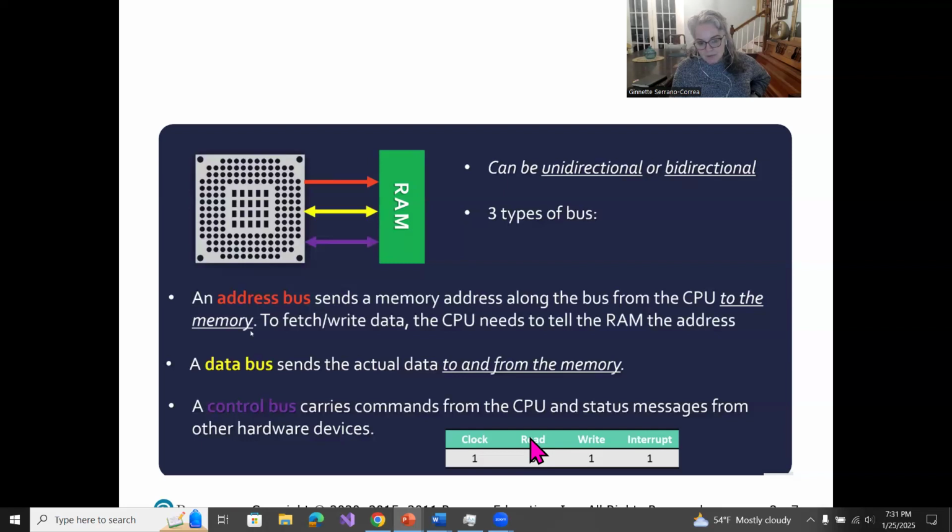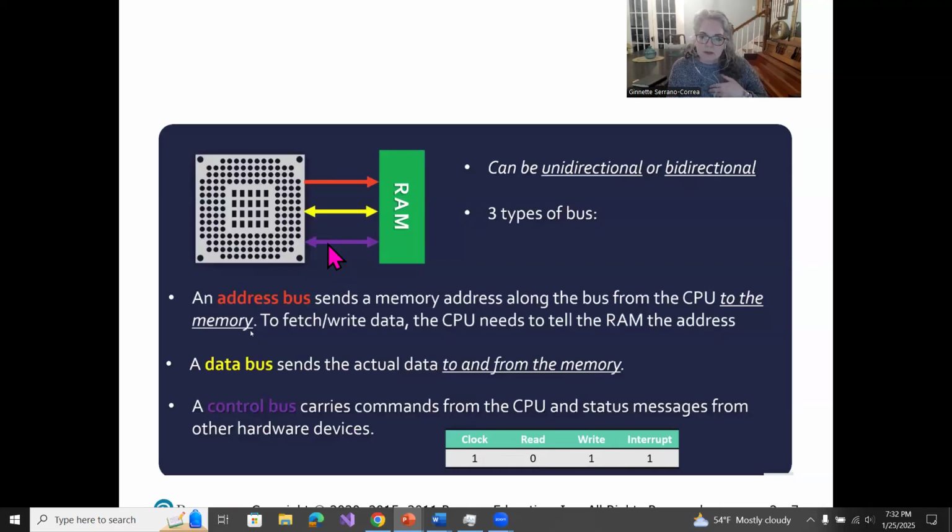If I want to interrupt, it carries a command from the CPU, a status message to other hardware devices. So if I want to interrupt, let's say a printer, then this flag would be set.